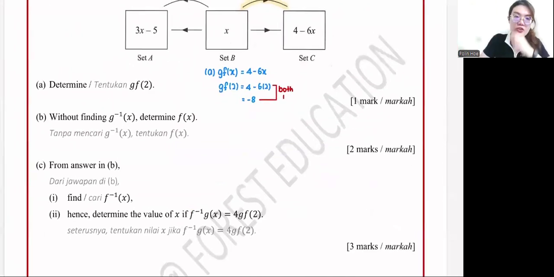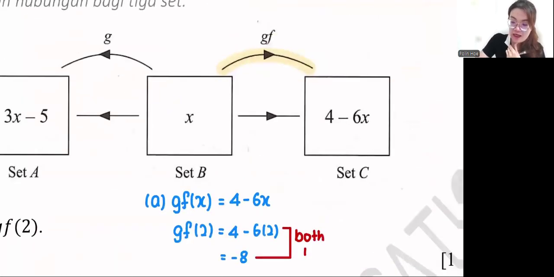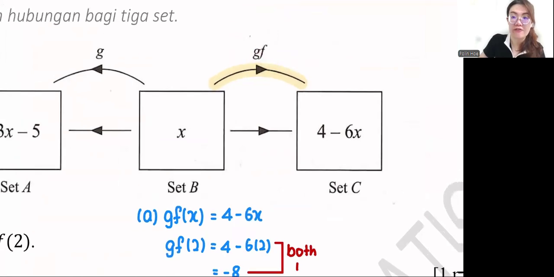So without finding G inverse X, we are going to determine what is Fx. So from this diagram, what do we have? I have only GFX. I need to find Fx.